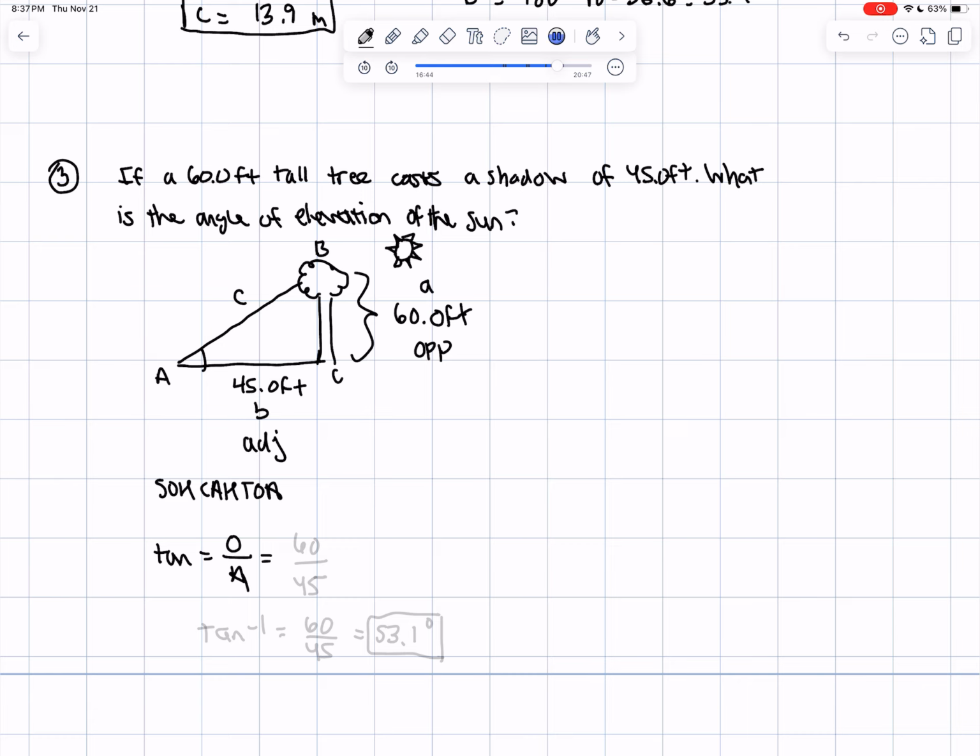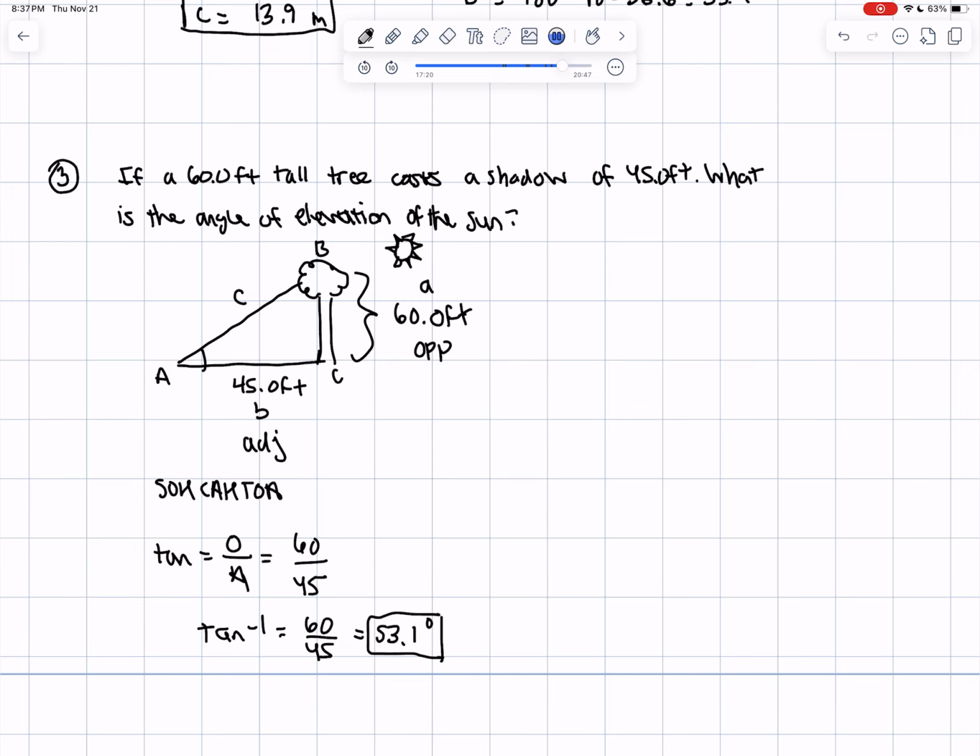So my opposite is 60 feet and my adjacent is 45. So that means I'm going to take the tangent to the minus 1 of 60 over 45. And I get 53.1 degrees. If you just put it as 53, that's okay too.